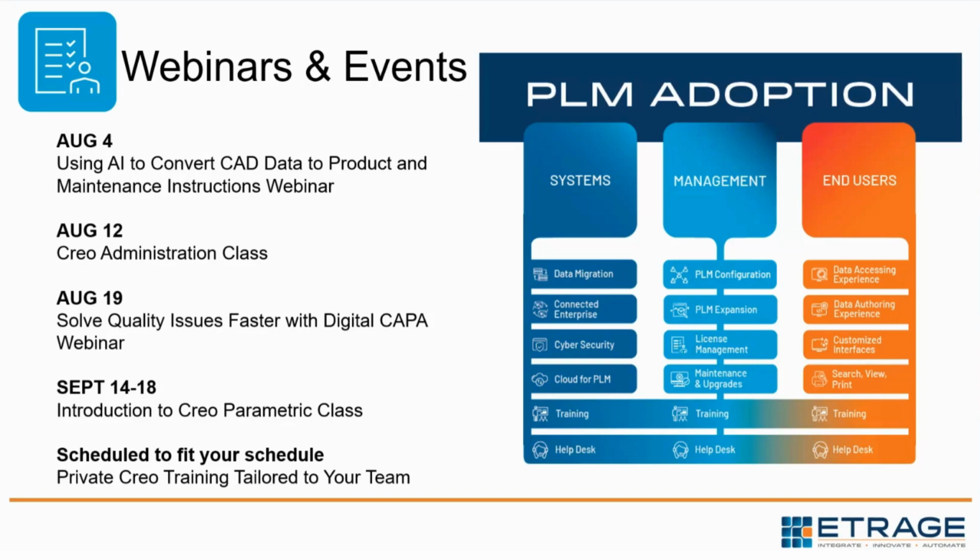Additionally, our digital corrective action webinar will address our ETRAGE solution to help manufacturers streamline corrective action processes, improve collaboration between engineering and quality departments, and reduce recurring quality issues that you may be dealing with in a digital closed loop approach.